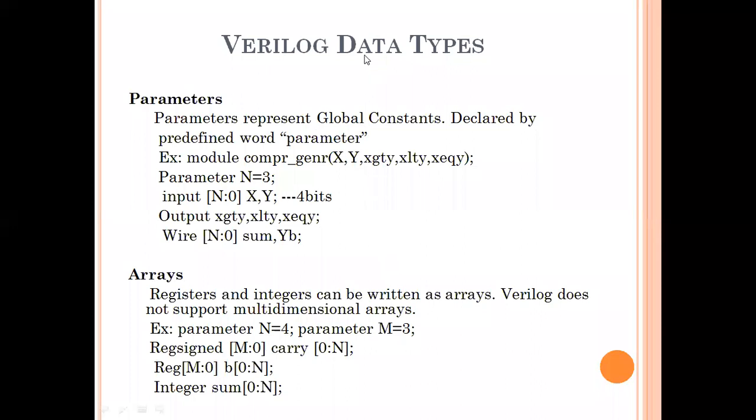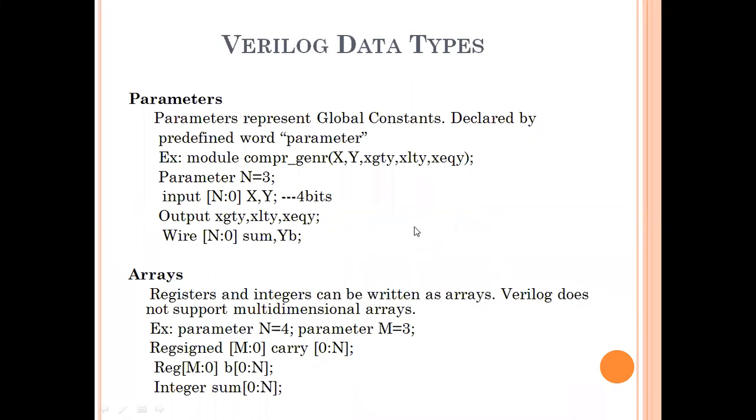Then again, we have to use the data types parameters and arrays. Parameters are used to represent global constants, declared by the predefined word parameter. Here I have shown an example: N is the parameter and it is equal to the value 3. So a parameter represents global constants, right?